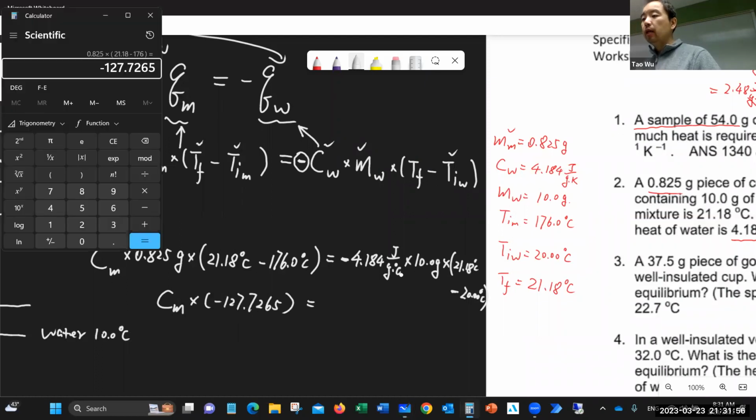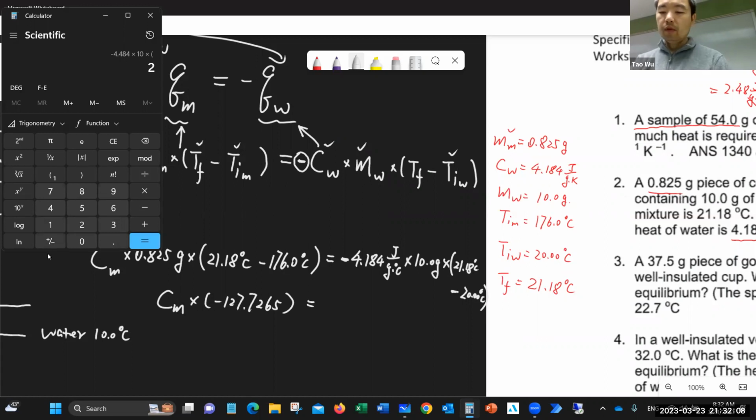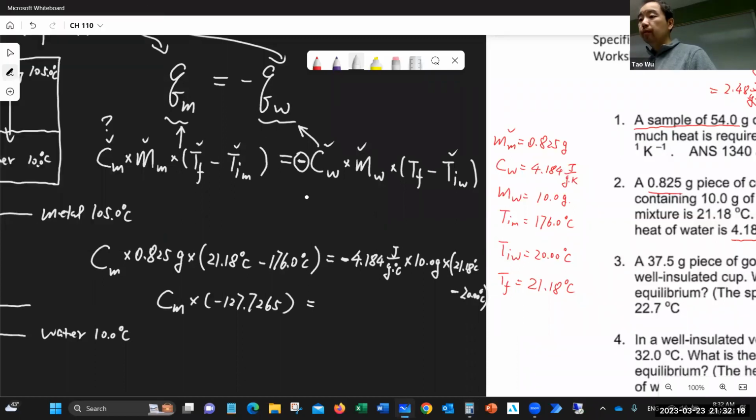And on the right side is 4.184 negative, times 10, times 21.18 subtract the 20. You got another number, negative 52.9112.